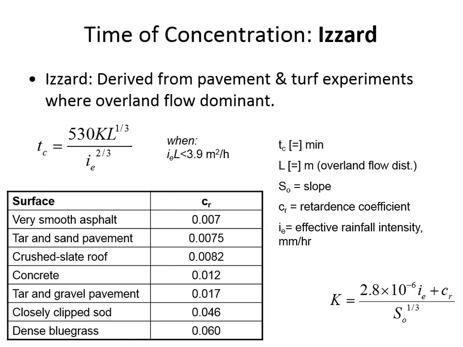And then with the retardance coefficient you get a K value taking into account retardance, the intensity, and the slope.